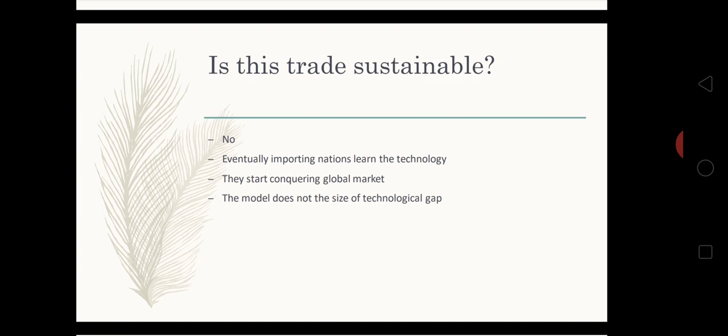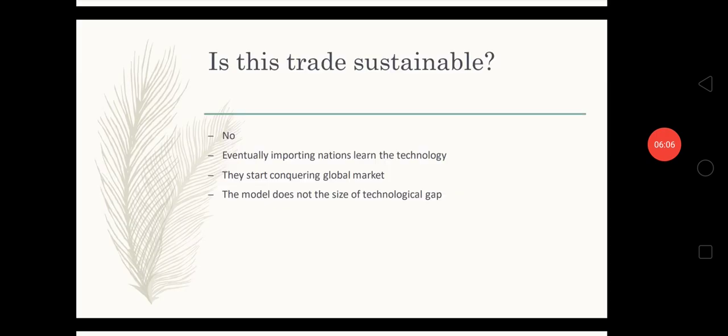So instead of importing the commodity from the innovating country, the importing country will imitate the technology. They will stop buying the commodity from the innovating country. Then the comparative advantage will shift from the innovating country to the importing or imitating country. The imitating country will start to produce and export that commodity to the innovating country. So this is the shift in comparative advantage driven by technological changes.